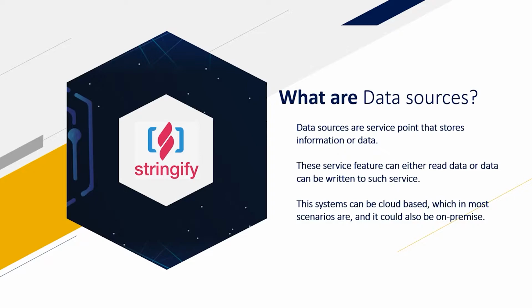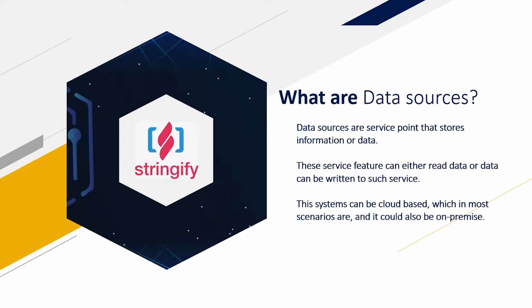So when we store data somewhere, we are definitely using that data somewhere else. A data source, like we say, is that storage point, that point where information is being gathered. Now, this service feature can either be a read data or a read information.